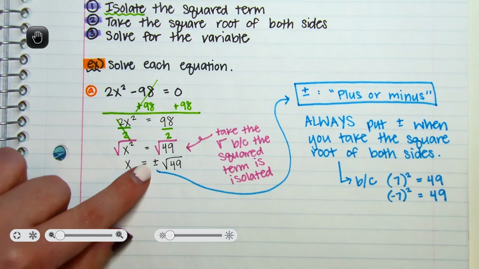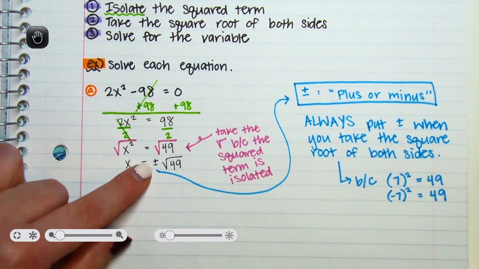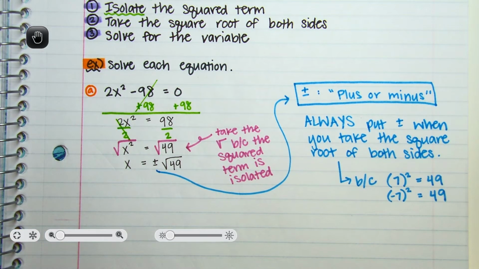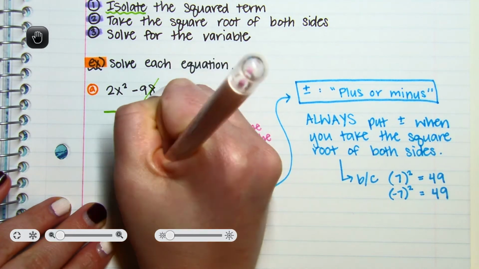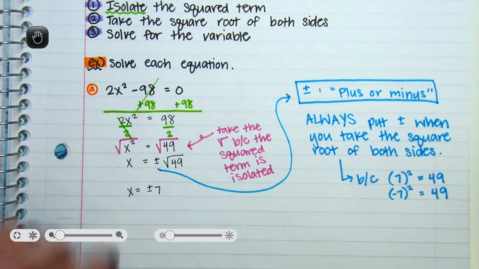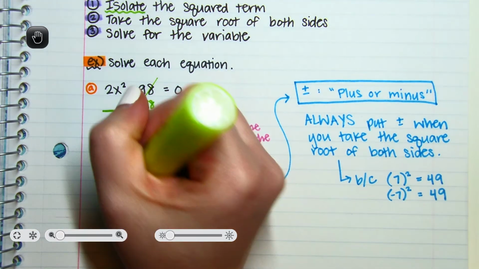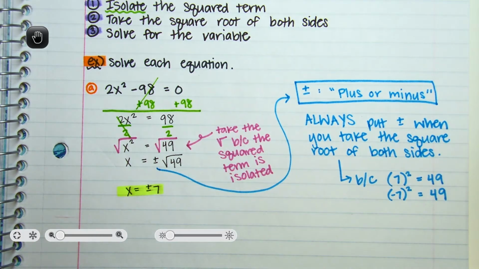So that's why we have to include that plus or minus out in front when we are solving these. Excuse me. Sorry about that. That probably sounded kind of weird. I had something stuck in my throat. All right, so when we take the square root of 49, this is a perfect square, so it works out real nice. And our answer is just x equals plus or minus 7. That's our answer. And we're done.